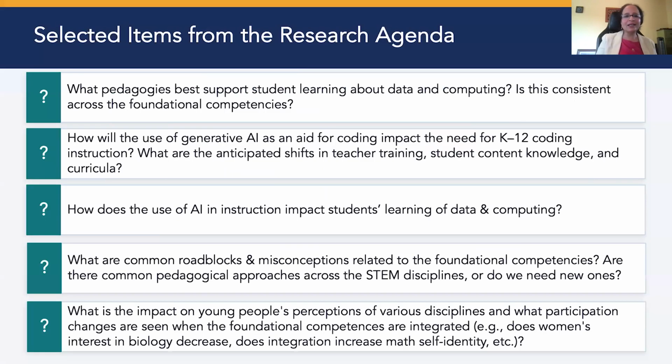And a few select items from the research agenda, just to give you a sense, but you can imagine how many different things we could be researching around this. The research questions in the report are just meant to be illustrative, and they're not exhaustive. But they are very much along the lines of what we all want to understand.